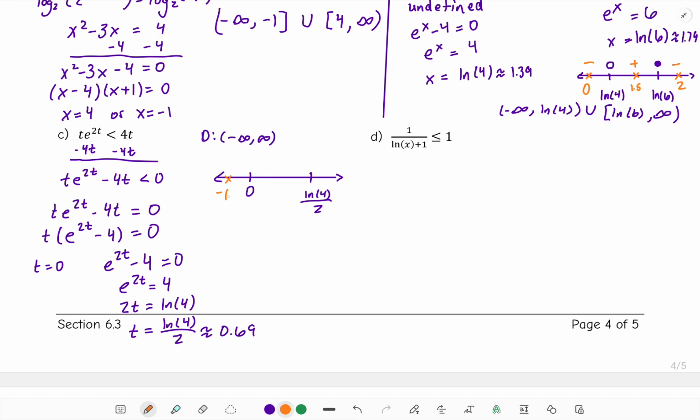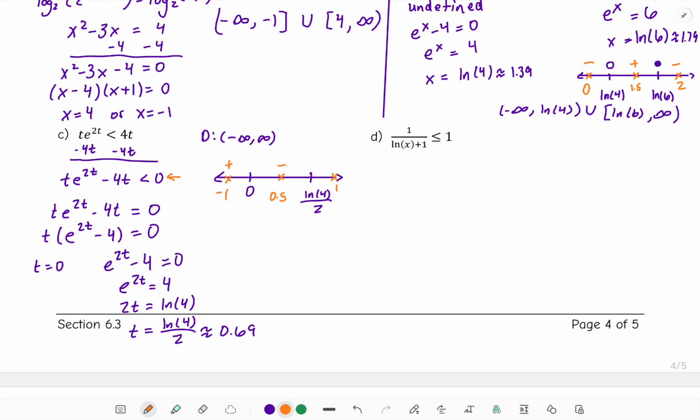Test points, -1, 0.5, and 1. Plug it in, and don't forget you have to plug it into the inequality that had the 0 in it. I forgot to mention that in part B. So if you plug -1 in, 0.5 in, and 1 in, what do we get?